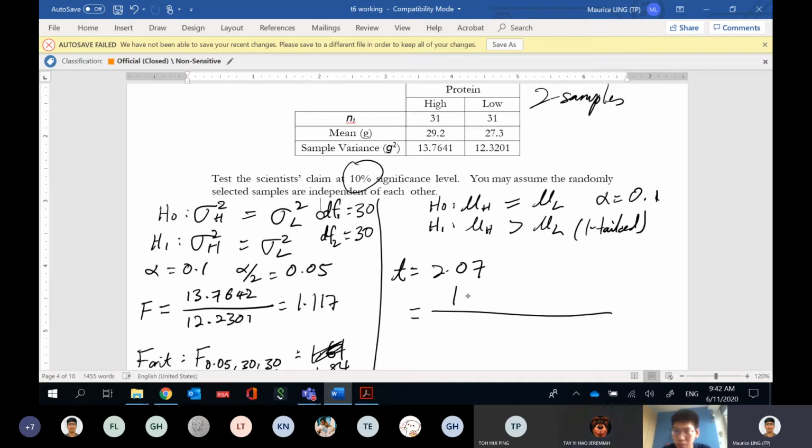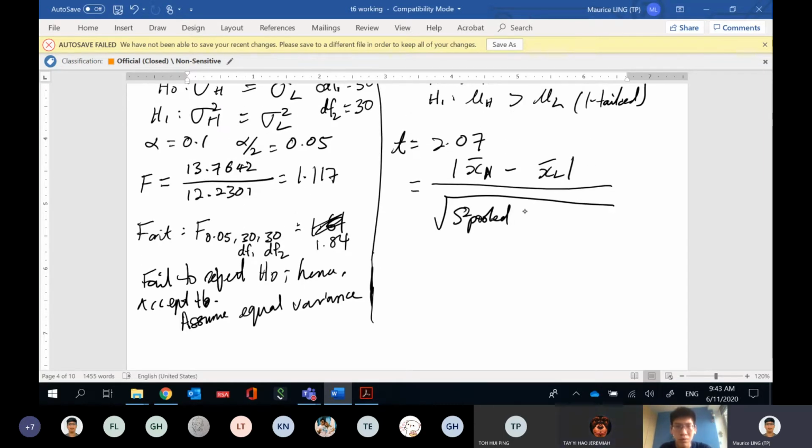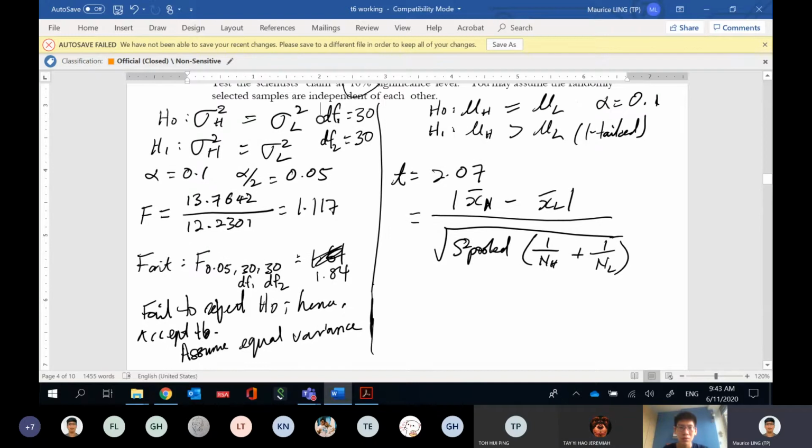So you have your mean of, let's say, high minus the average of low. Then you have to find this S square pool. Because you use equal variance, it essentially takes almost like the average of the variance. S square pool, you multiply by sample size. Okay. So S square pool is another formula which you have to calculate.